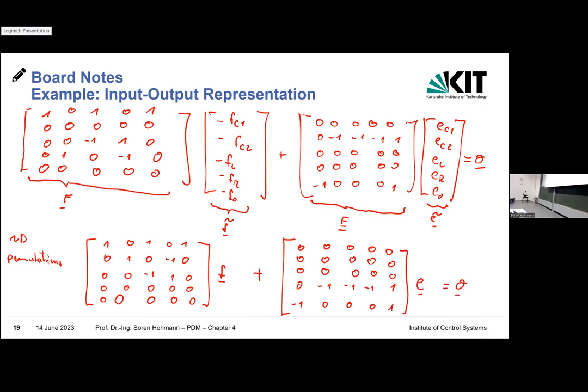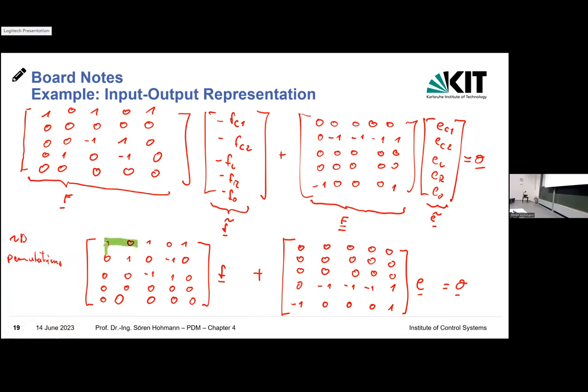It's again 0. And now you already see if I put two matrices together, I want to highlight them with different colors.